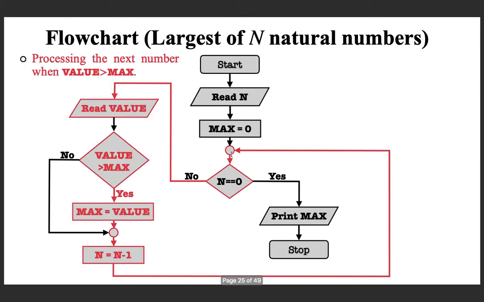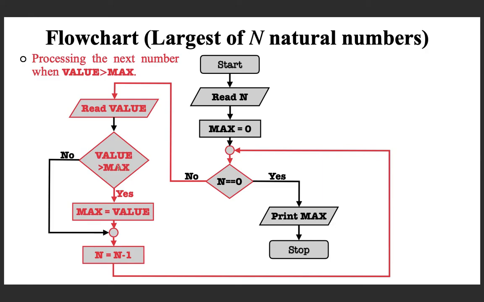And after that, if you look at this portion of the flowchart, it is processing the next number. You are reading the next number into value. That's what we did in the algorithm. And after that, you are checking whether the newly read value is greater than the existing maximum.